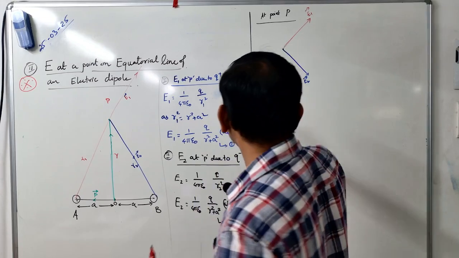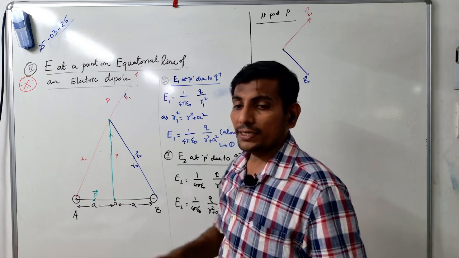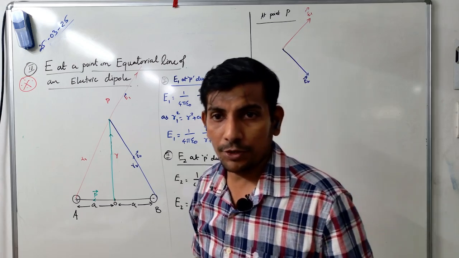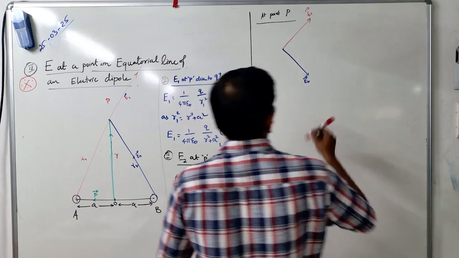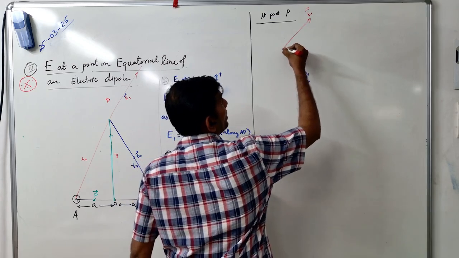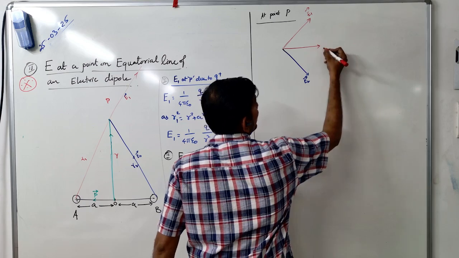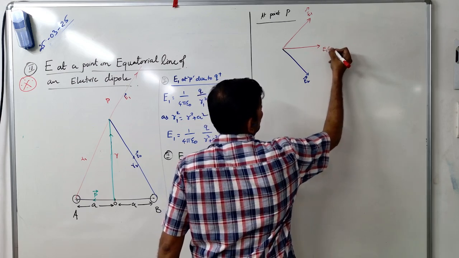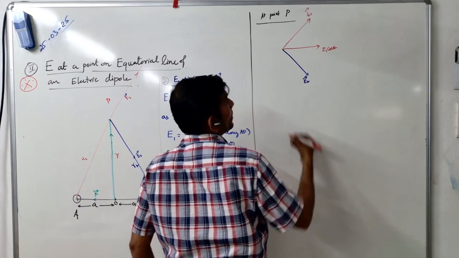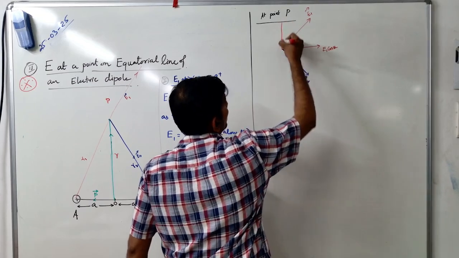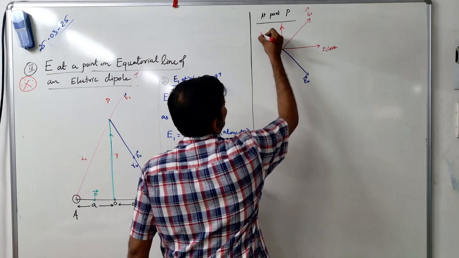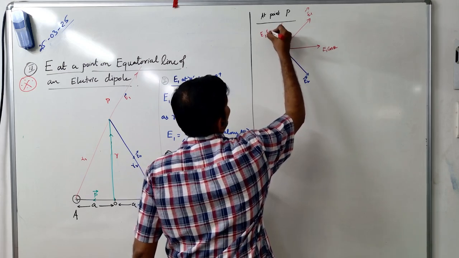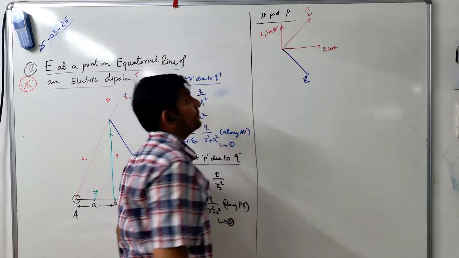So I am going to split each vector into its x component and y component. The first vector can be divided into E1 cos theta as the horizontal component and the vertical component is E1 sin theta.